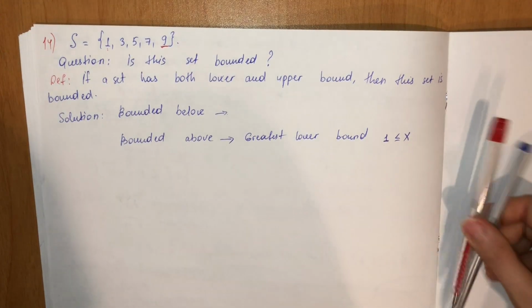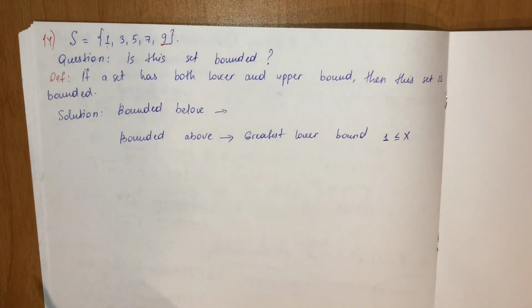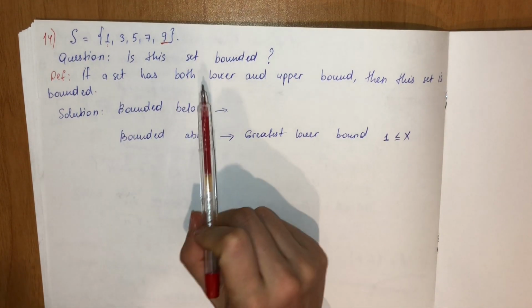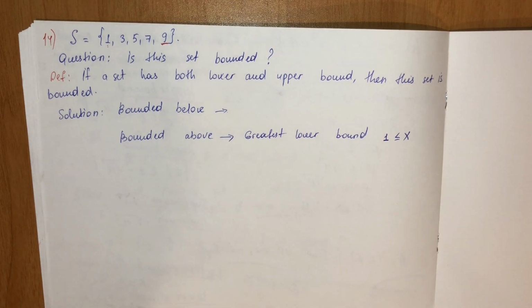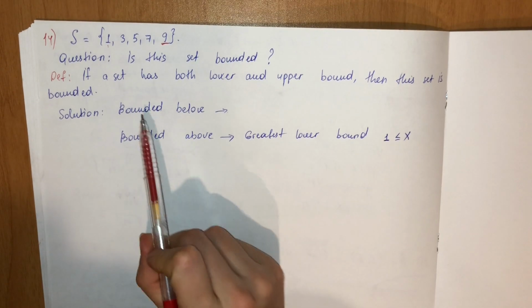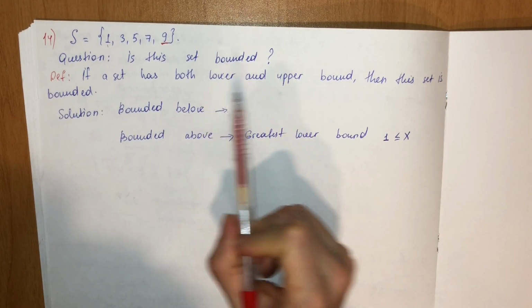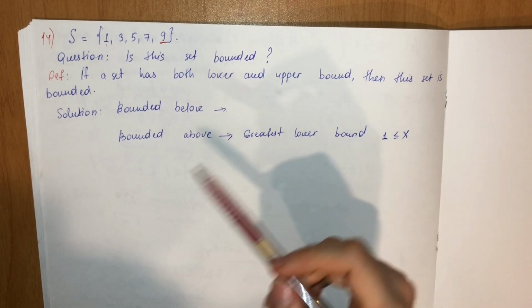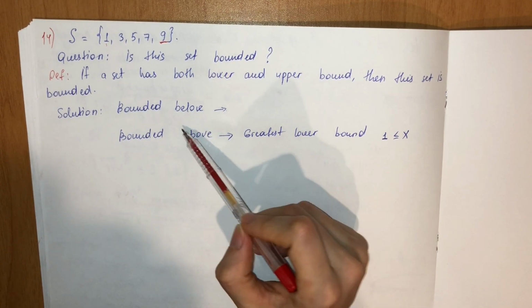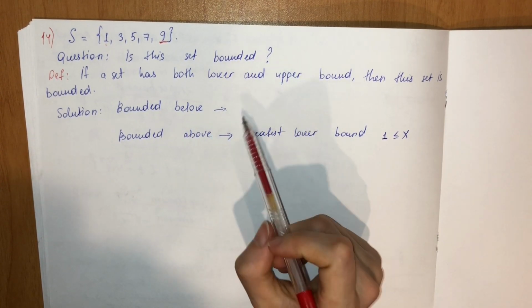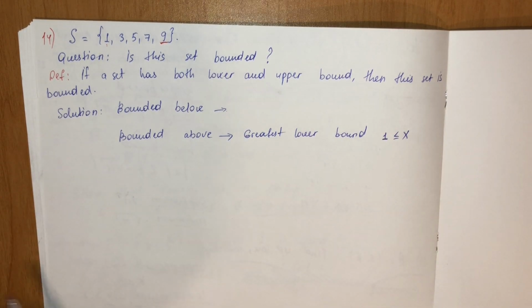Next question. We have a set S, and the question is whether this set is bounded. Let's recall the definition of boundedness. If a set has both lower and upper bounds, meaning it is bounded below and bounded above, then this set is bounded.